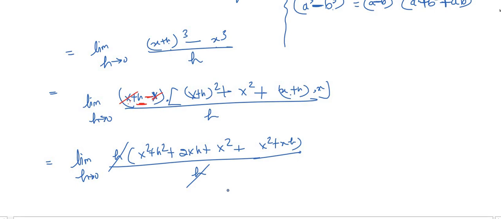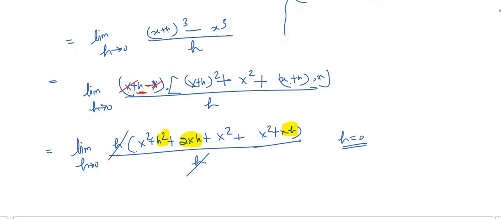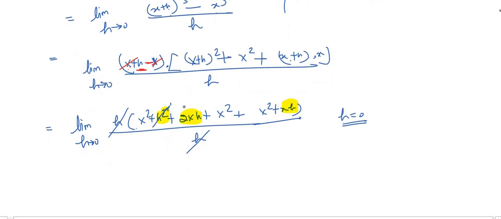Fine. Now whatever we got, let me put h equal to 0 and see. Wherever I am getting h, here, here and here, these three terms will go to 0. Correct? Because h is 0, this is 0 and this is 0.